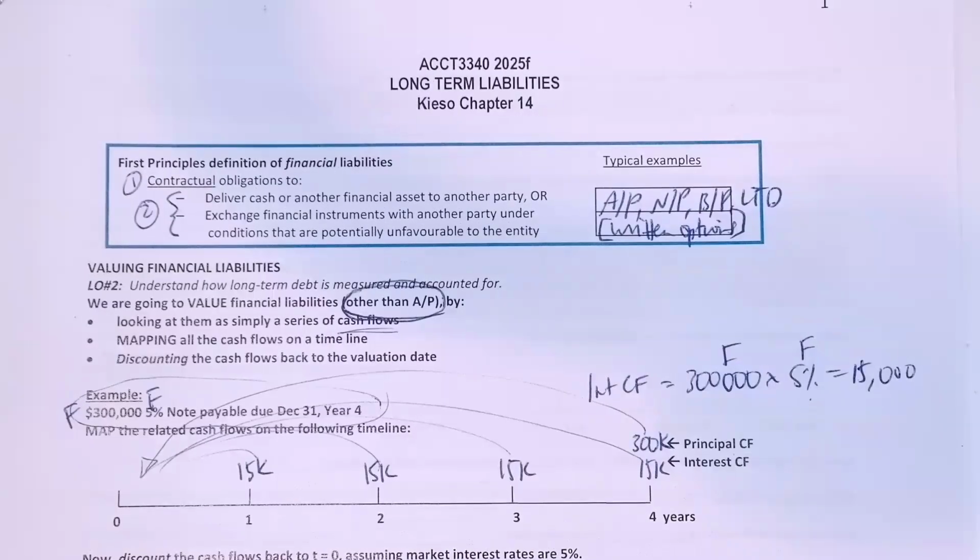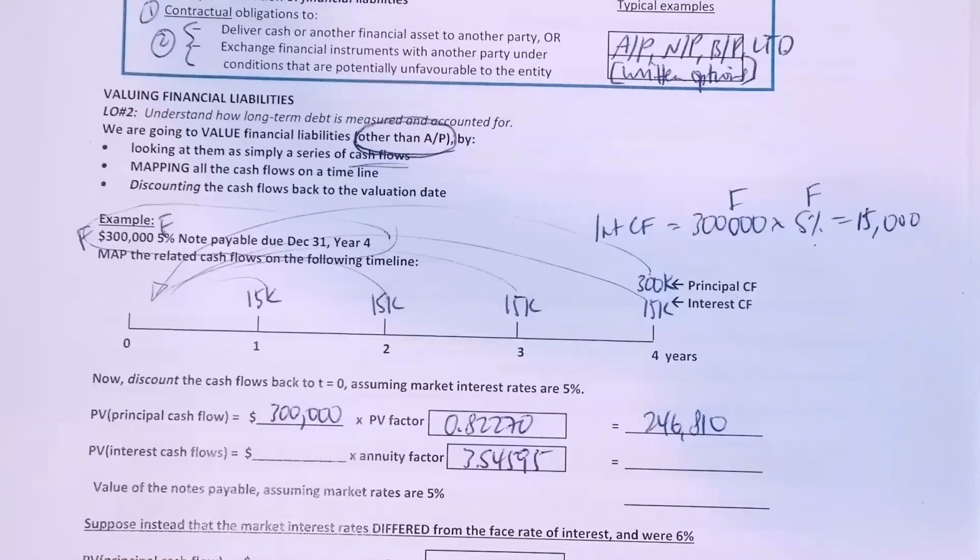And on the exam, this is where some people get themselves mixed up. It's like, okay, I got the right factor. Now, the cash flow. Am I supposed to add these up, or is it just one of them? Are we supposed to add them up, or just the 15,000?